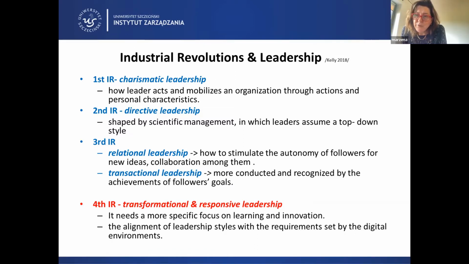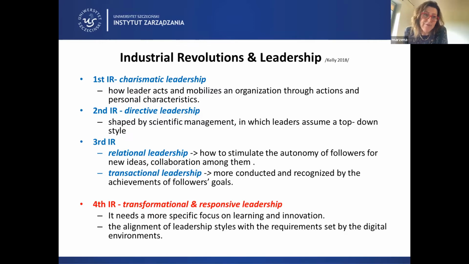Then we are moving to the end of the 20th century. So we have this global value chain, we have the network. So we talk about more relational leadership and transactional leadership, because we understand better that the followers of the leader should achieve some goals important for the company.